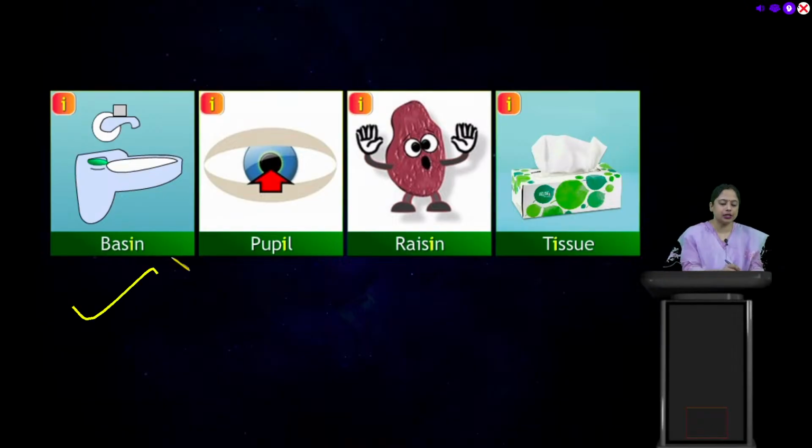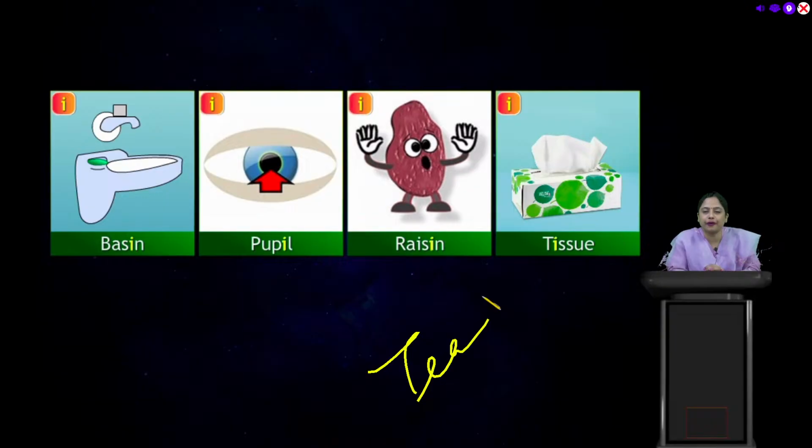Let us see the first word, B-A-S-I-N, basin. P-U-P-I-L, pupil. R-A-I-S-I-N, raisin. T-I-S-S-U-E, tissue. Basin, pupil, raisin and tissue.